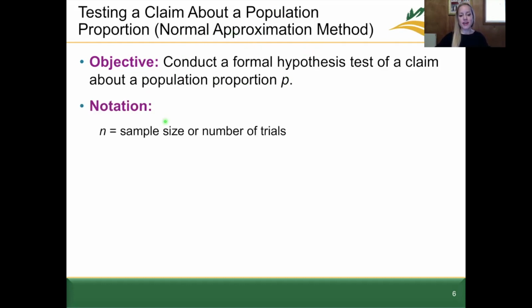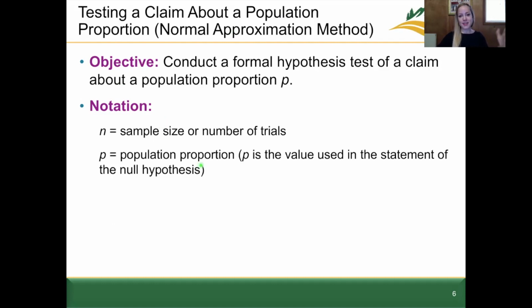Lowercase n is still our sample size or the number of trials. Lowercase p is what we've seen, our population proportion. We'll review this again in 8.2, but we saw in 8.1 that p is the value used in the statement of the null hypothesis. We'll go through those steps again from 8.1 in 8.2.